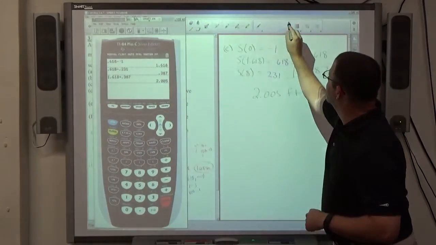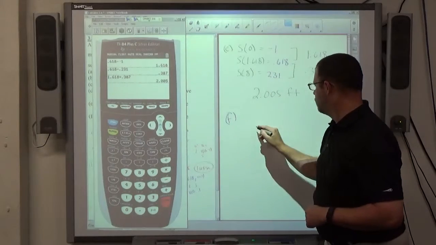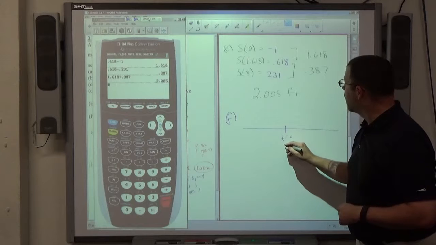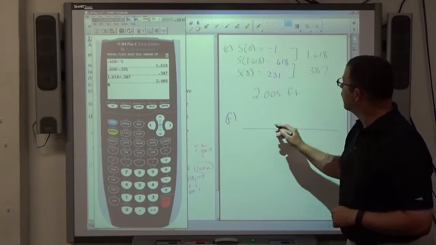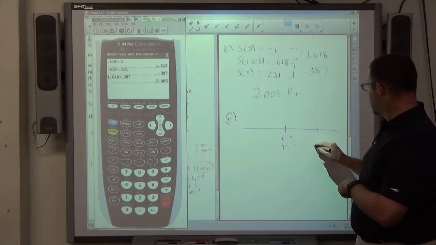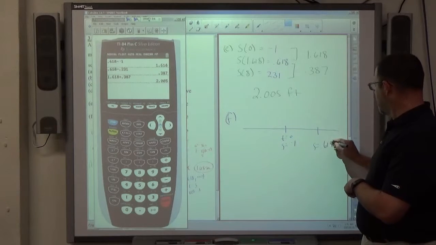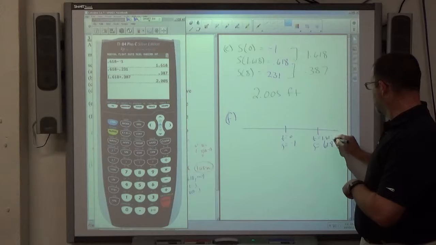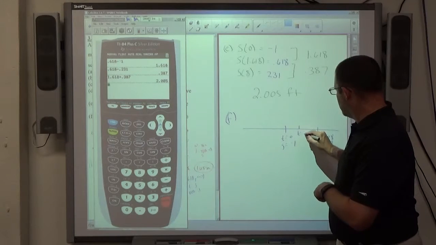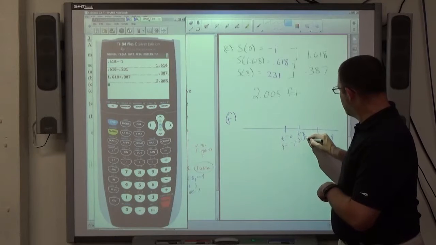For part F, it started here at S equals negative 1, went up here to S equals 0.618 at T equals 1.618, and ended up here, T equals 8, S equals 0.231.